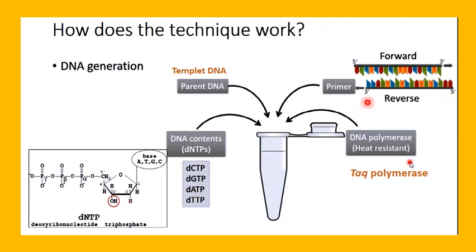The forward primer runs from 5 prime to 3 prime, and the reverse from 3 prime to 5 prime. These primers are about 20 nucleotides long. A primer is a single short piece of DNA matching the old DNA or template DNA according to its sequence, which is prepared before this reaction.